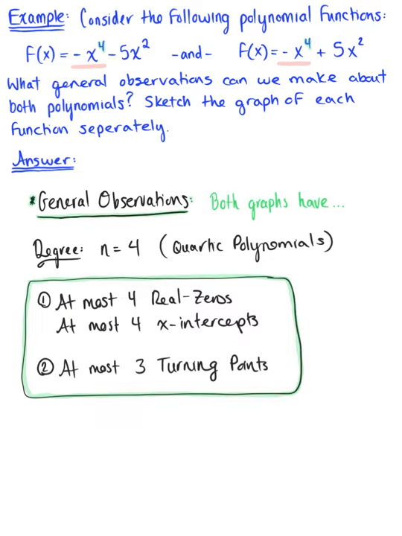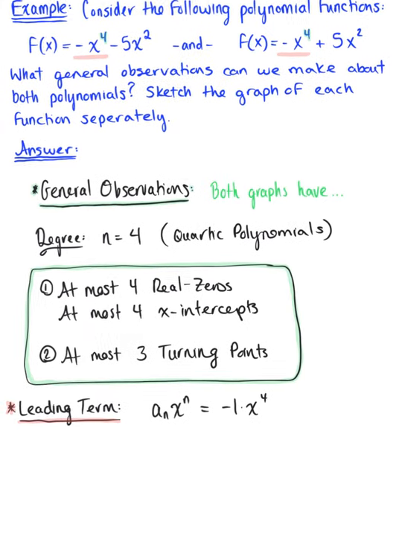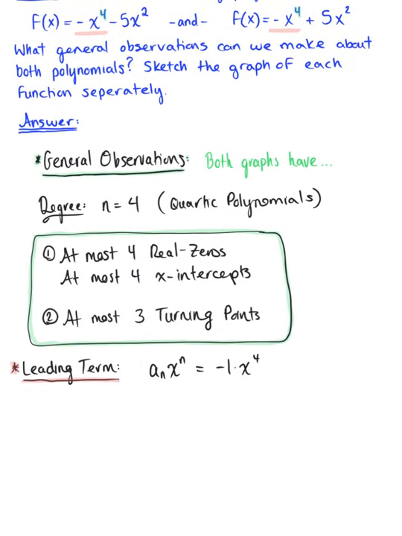So we can conclude the following about the leading terms of both polynomials. We denote our leading term as a sub n times x to the n. So for both of these polynomial functions, the leading term is -1 times x to the 4th. So we can see here that our leading coefficient is -1, which is less than 0.